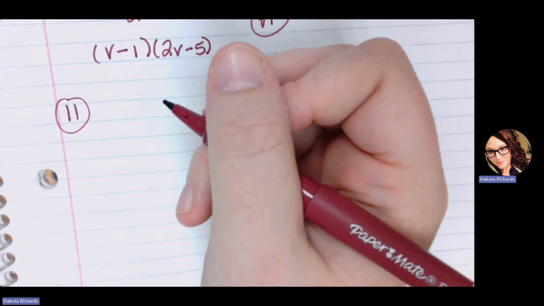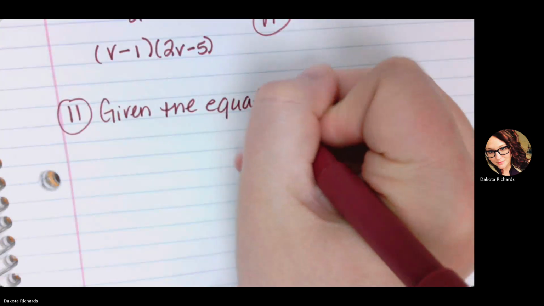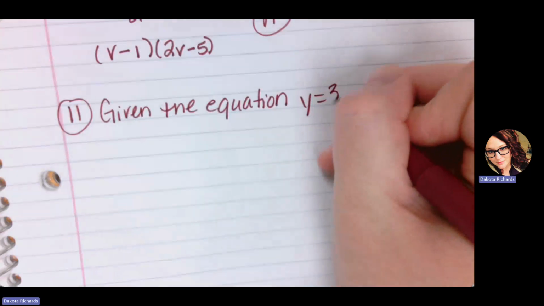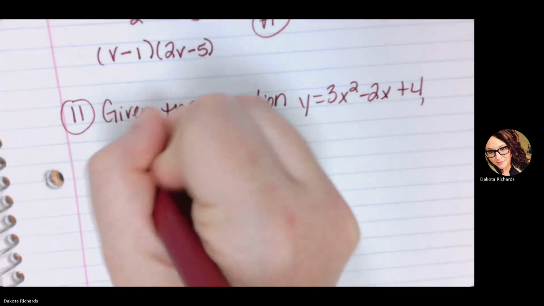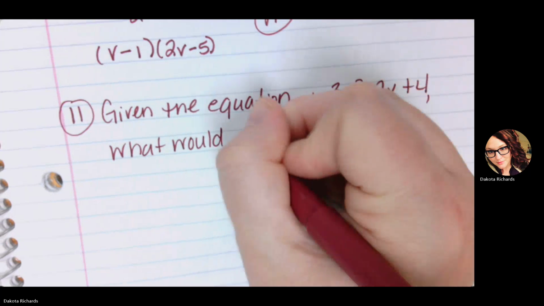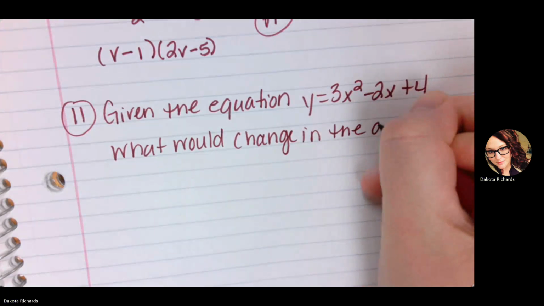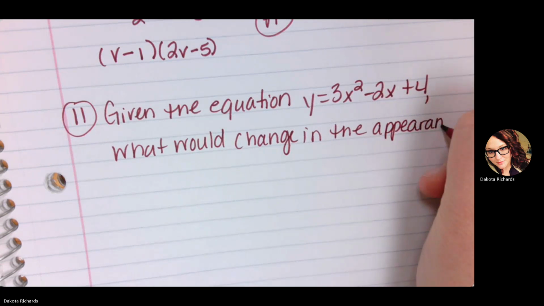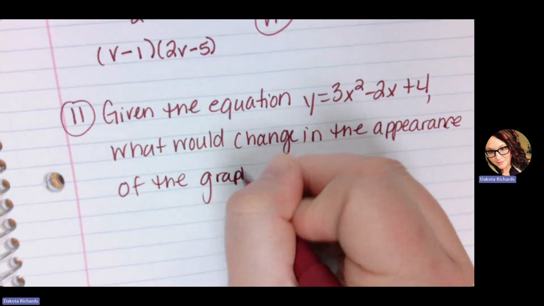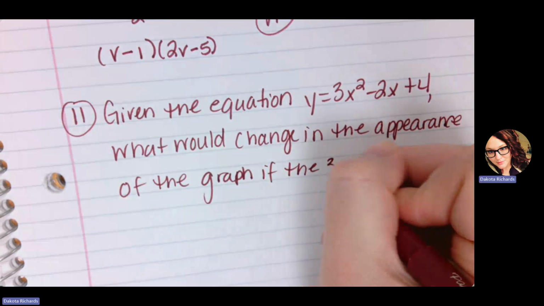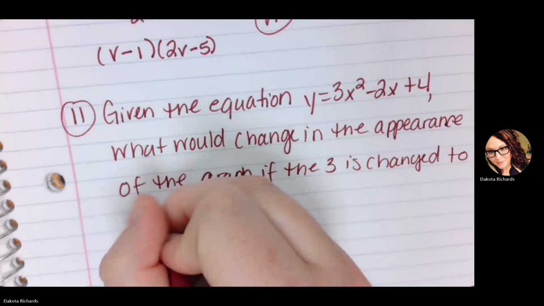says, given the equation y equals 3x squared minus 2x plus 4, what would change in the appearance of the graph if the 3 is changed to a 1/3.